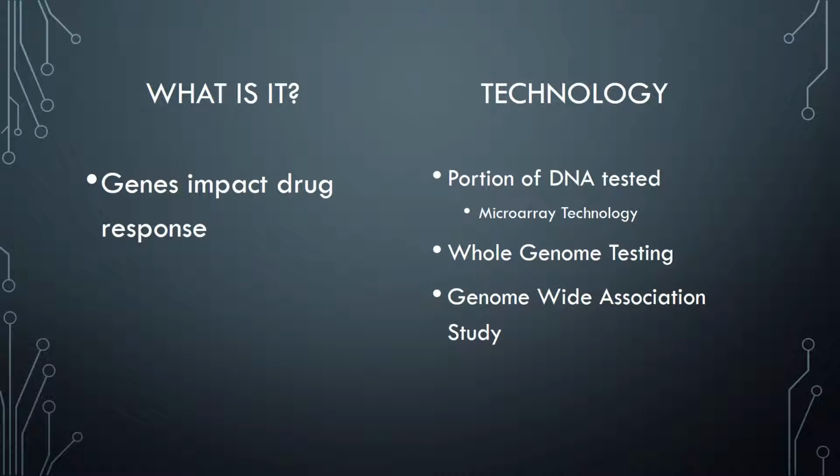There are a few different types of technology that we looked at in regards to pharmacogenomics. Firstly, a person can get a portion of their DNA tested. In this scenario, microarray technology is normally used. With this technology, DNA is extracted from a person by their blood or urine, for example. The DNA is then separated into two strands that are cut into smaller pieces.